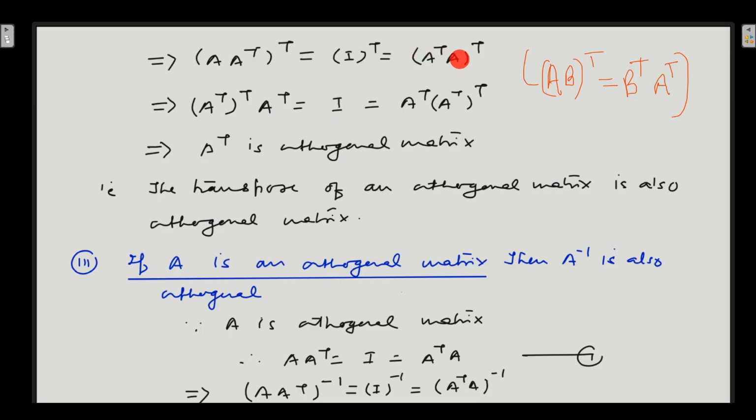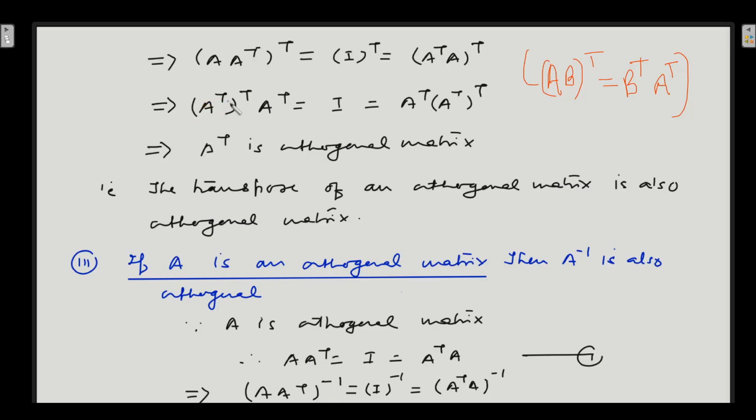Similarly, we apply this property here as well. In the place of A there is A transpose, and in the place of B there is A. So the second term will become the first term, and its transpose will be taken. Now do not go to the next step.